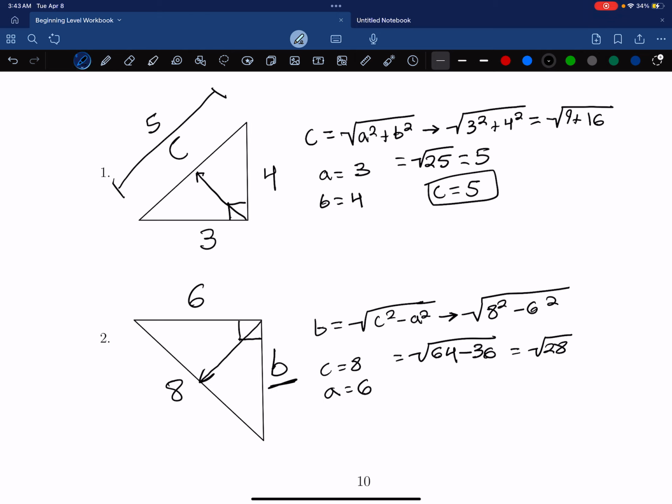So this is our length. And as we've seen in the previous section, a square root is a number, but this isn't a perfect square like we've seen in example 1. So this here, the square root of 28, is what is known as an exact answer.